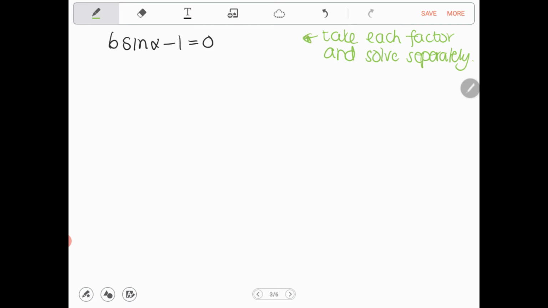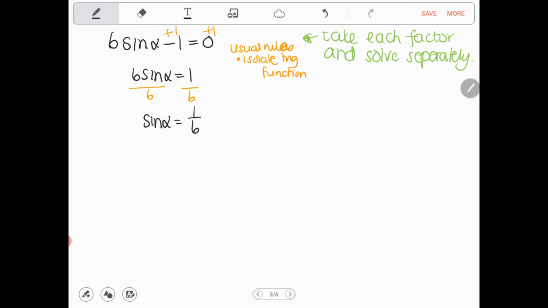The usual rules: we've got to isolate the trig function. So we're going to add 1 to each side, so we have 6 sine alpha is equal to 1. Then we're going to divide both sides by 6. And now we have our trig function alone on the left-hand side, and this is 1 over 6.